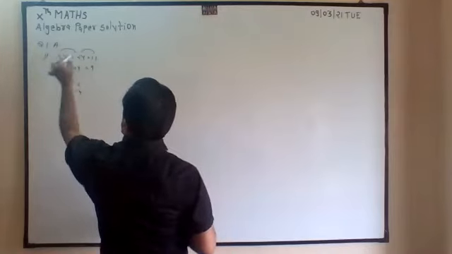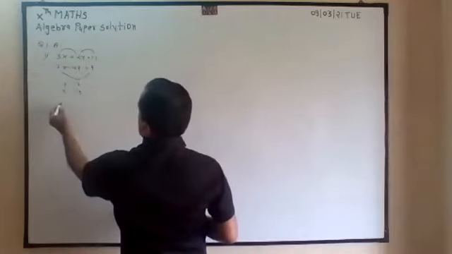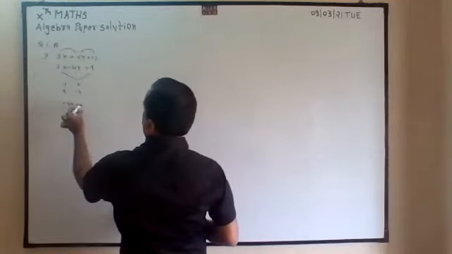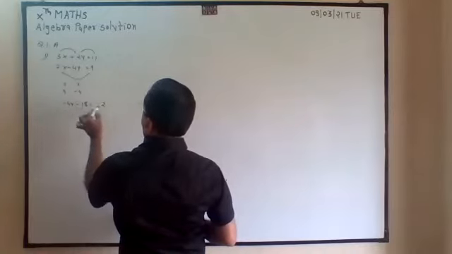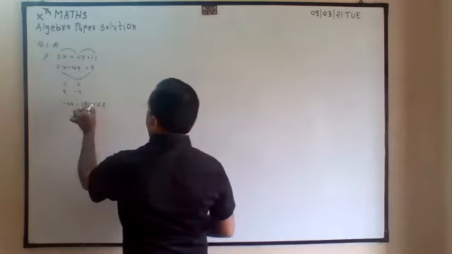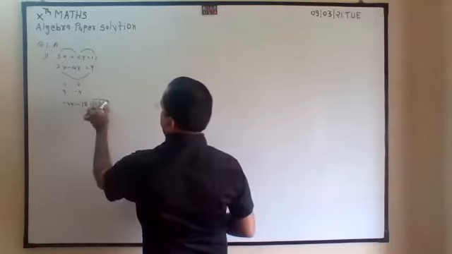This is D, this is Dx, this is Dy. Correct? So 11 fours are 44, 9 twos are 18. It is minus 62. Minus 62, sorry. This is the answer.